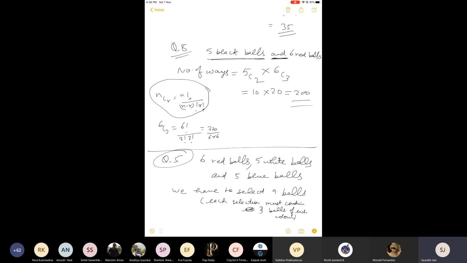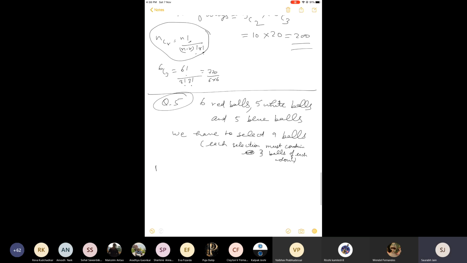So basically we have to find the number of ways, and that can be done in a single step. The previous question was also like that. We have 6 red balls, 5 white balls and 5 blue balls. We have to select 9. The total number of balls to be selected is 9. These are the choices available. But there is a constraint that you have to select 3 balls of each color. So then it becomes a simple question.